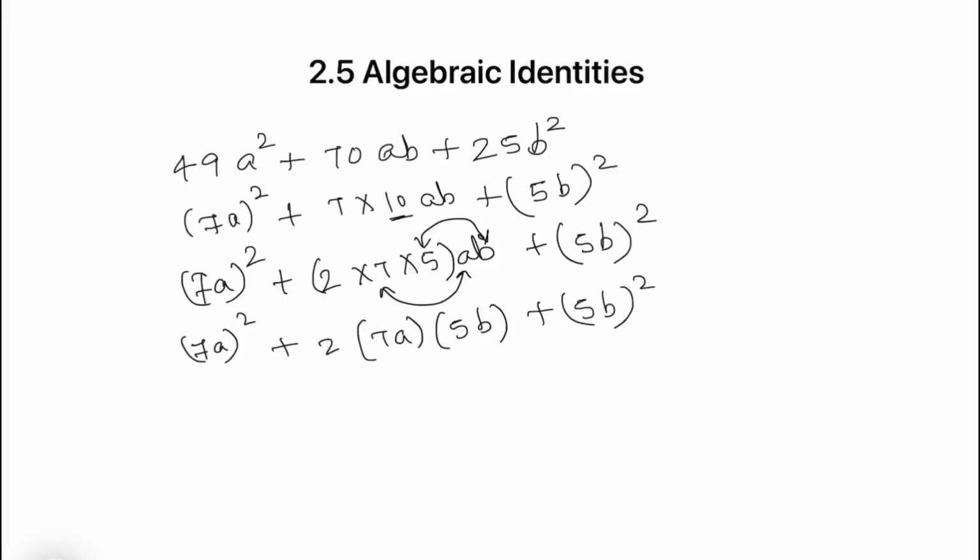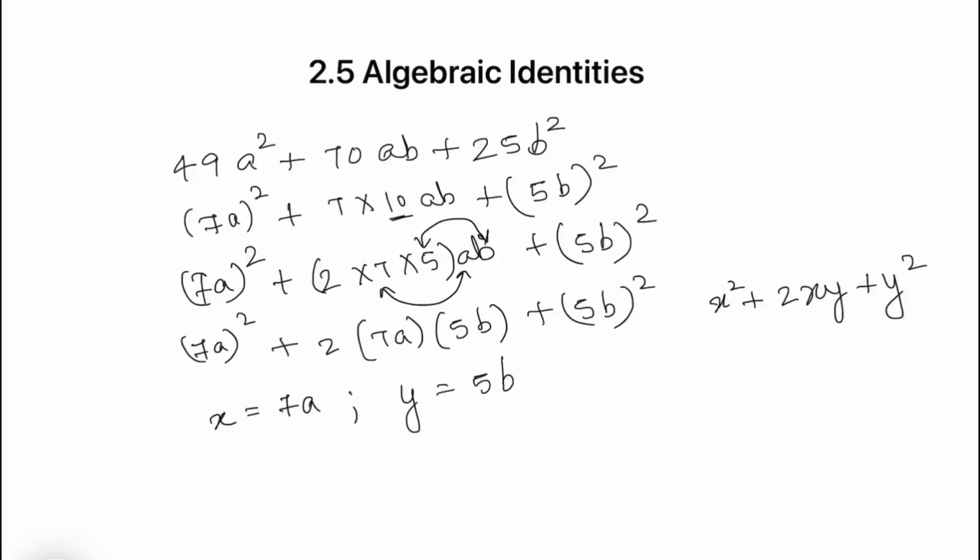Now this is a format we have seen before, which is x square plus 2xy plus y square. Now we just compare the terms on both the sides. You get x is equal to 7a and y is equal to 5b.